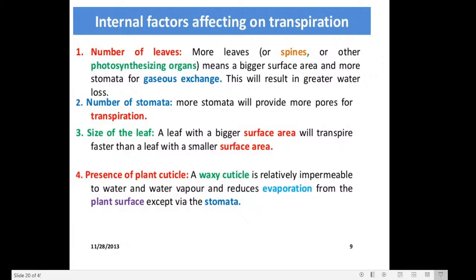If low transpiration happens, the water stability is high, so the plant looks fresh. Another factor is the presence of plant cuticles. The plant cuticles are waxy cuticles. These waxy cuticles reduce evaporation, as they overcoat the leaf.